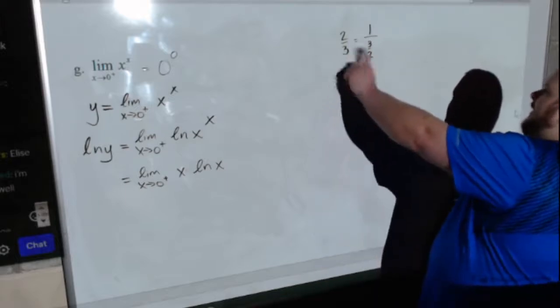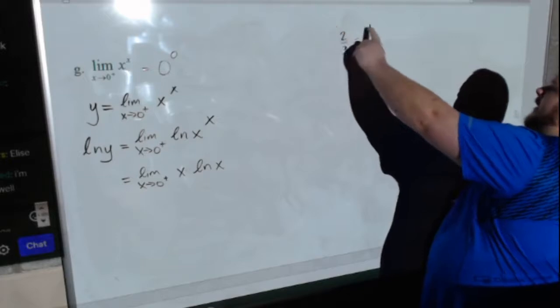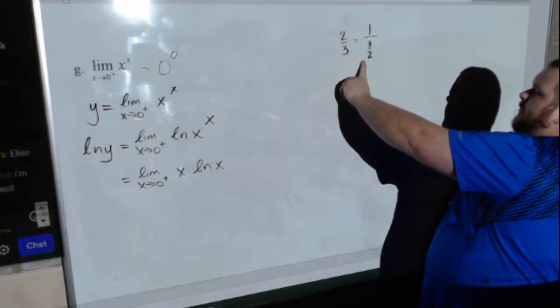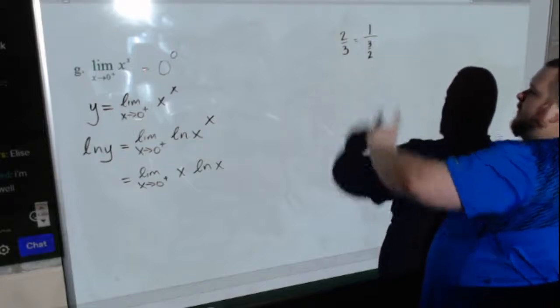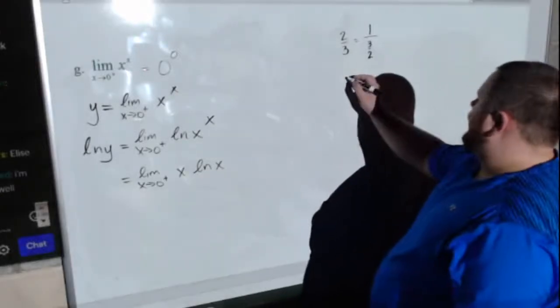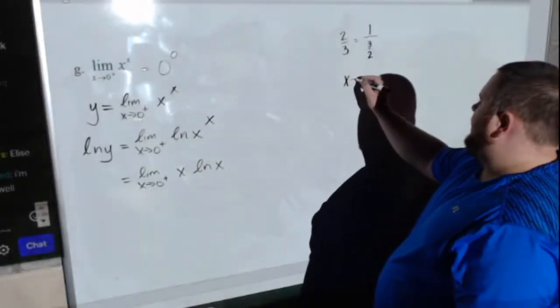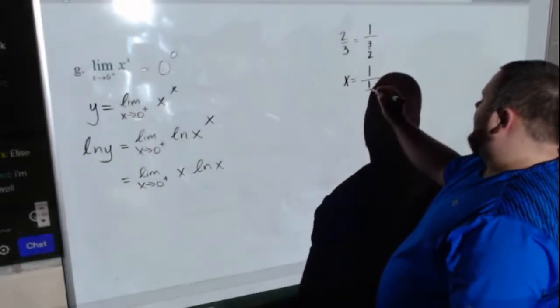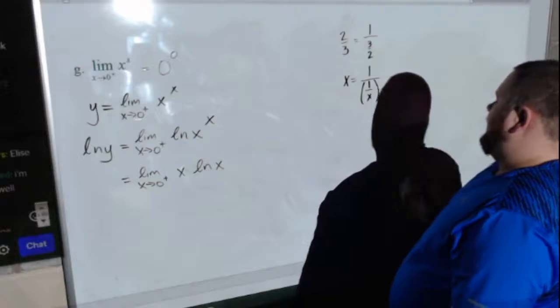So I could take some number and make it 1 over the inverse. So here I'm going to do x is the same thing as saying 1 divided by 1 over x.